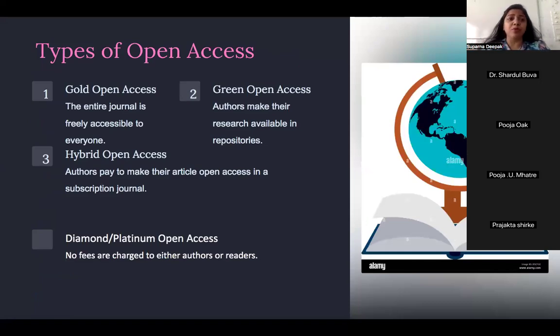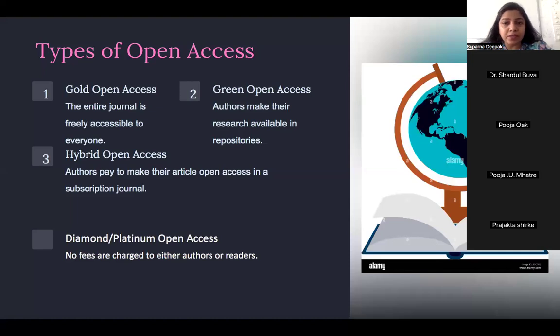Now, this is the most important point when we come to publication in Scopus indexed or Web of Science journals. Majority of us have this mindset that if we have to publish in Scopus, it is very, very expensive. Am I right? Yes, all of us have this thought that it costs a lot of money.